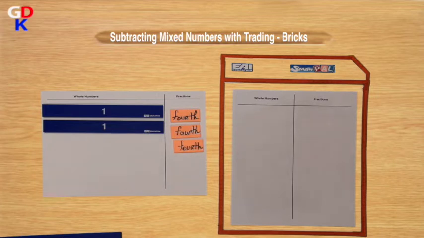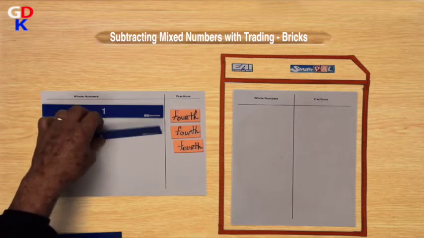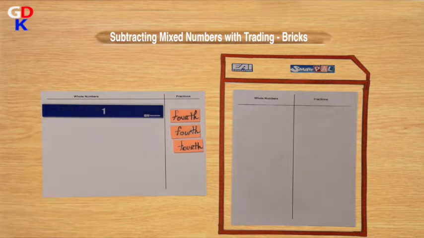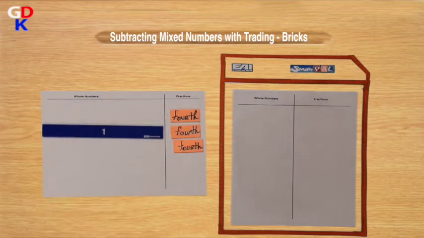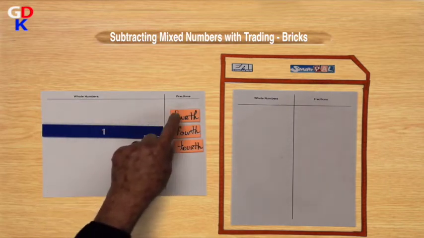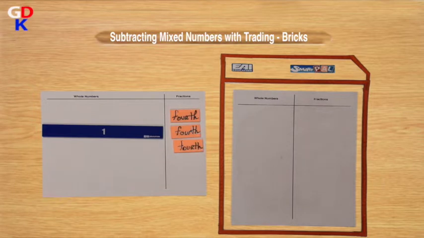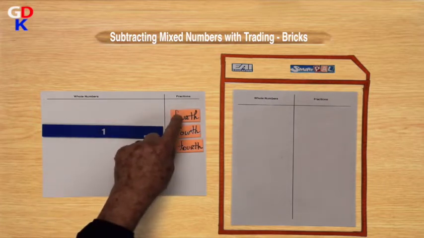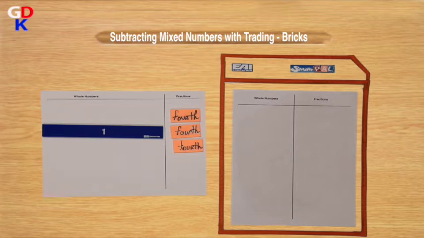And in the original problem, we wanted to subtract 1 2/4, so we can now subtract 1. And that leaves us with 1 and 3/4 in the fourths... 1 1, 2, 3/4. So in subtracting 3 1/4 minus 1 2/4, our answer is 1 1, 2, 3/4.